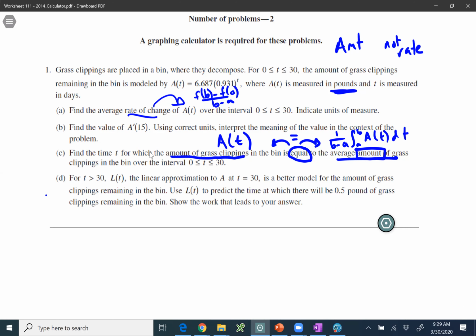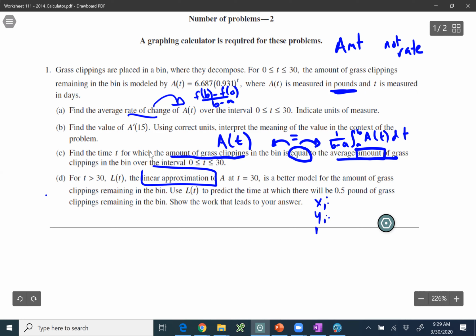And then for time greater than 30, the linear approximation, when we see linear approximation, that's tangent line, x1, y1, and m, is a better model. So using L of t to predict, L of t is that linear approximation, predict the time at which there will be 0.5 pounds of grass.